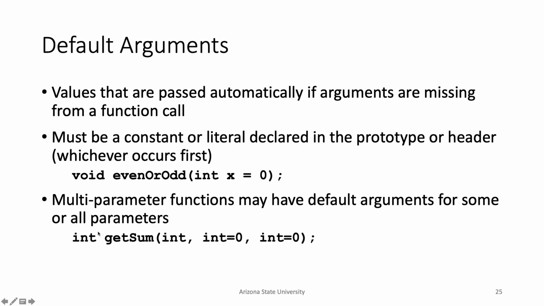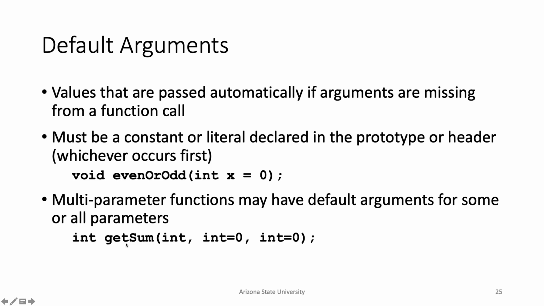So for example, this getSum variable. So what does this do? It says we can either take 1, 2, or 3 parameters to this function. So these second and third parameters are optional. They're not required. But if we don't put something there, then the default is 0.